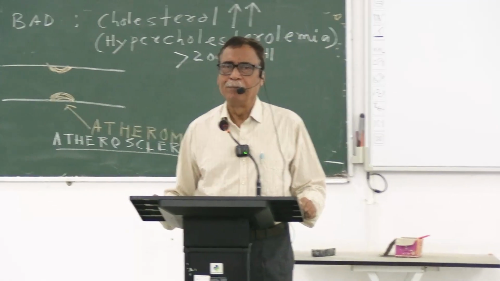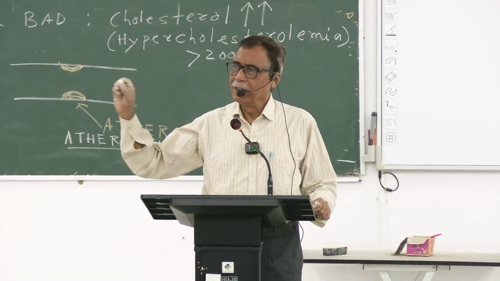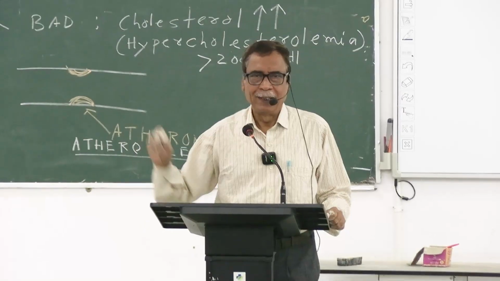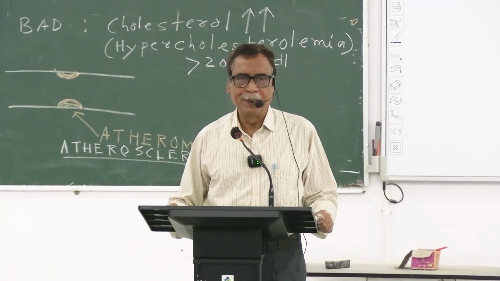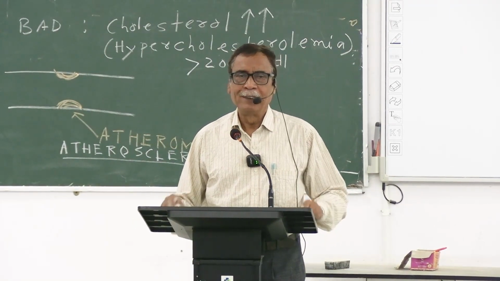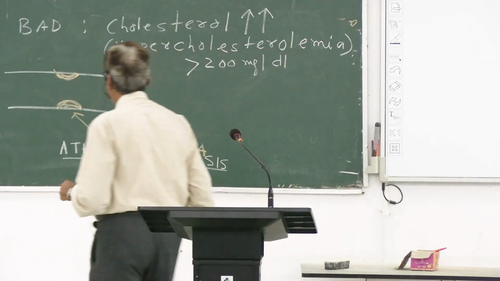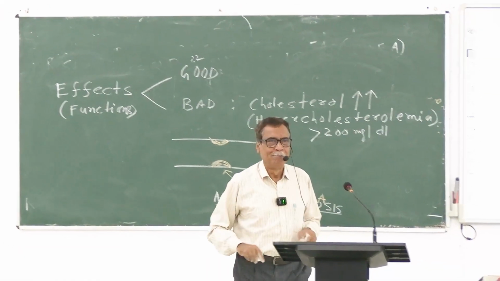Atherosclerosis is the deposition of the cholesterol in tissue, in blood vessel, anywhere cholesterol can be deposited, and this is known as atherosclerosis. And the product of this is known as atheroma.